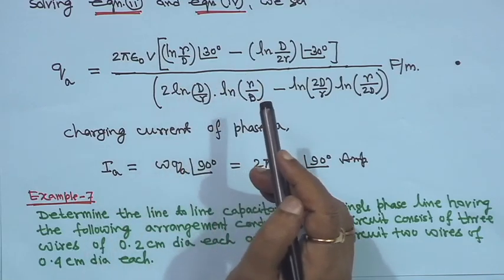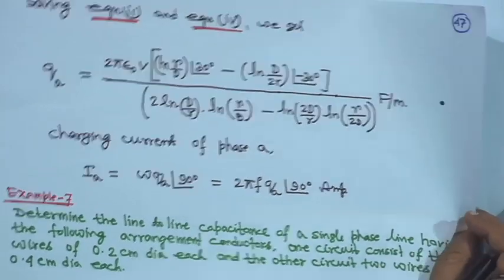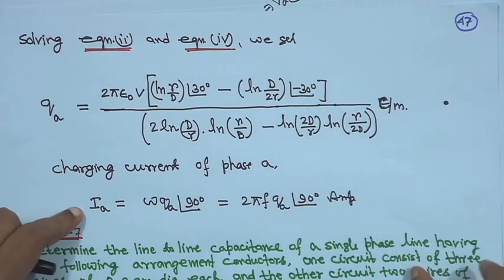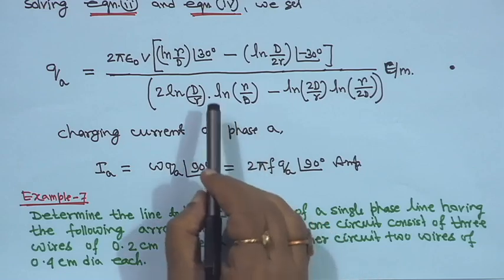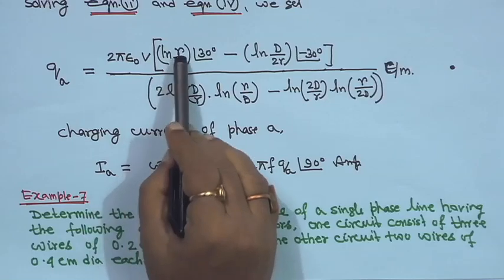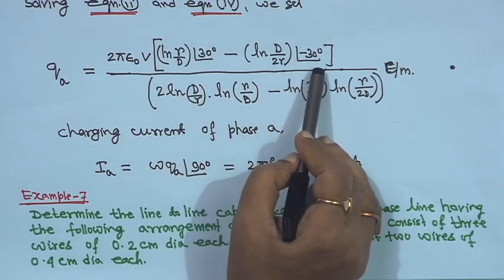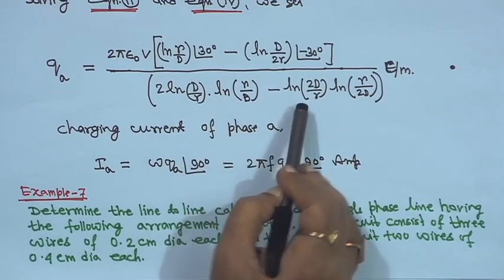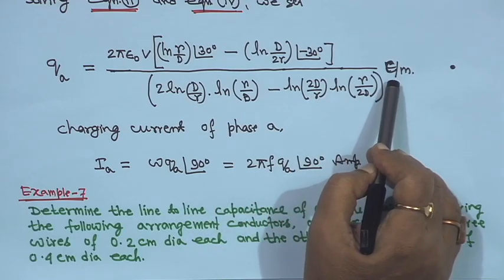Similarly, QC also you can solve for, but our interest is to find the charge, right. This is in coulomb per meter. So, if you solve for QA, it will be 2 pi epsilon 0 V in bracket ln r upon d angle 30 degrees minus ln d upon 2r angle minus 30 degrees, divided by 2 into ln d upon r into ln r upon d minus ln 2d upon r into ln r upon 2d, coulomb per meter, right.